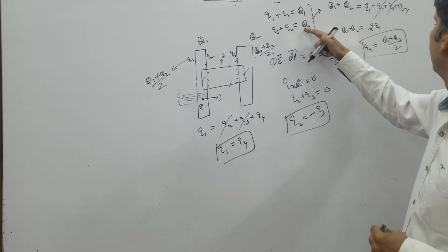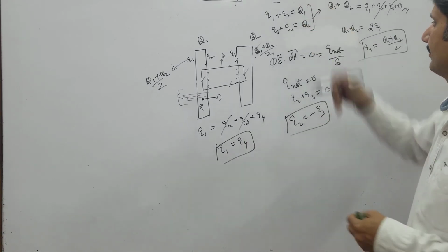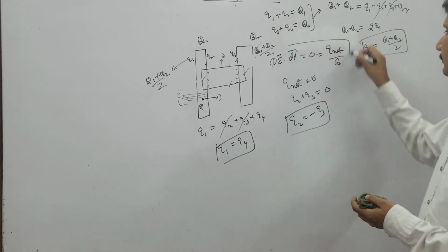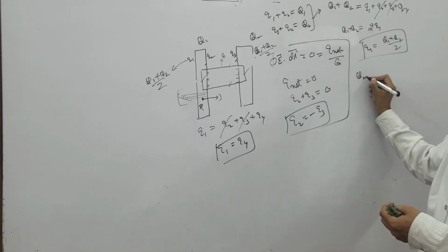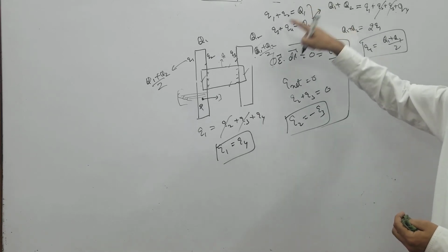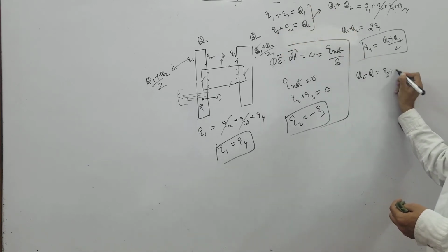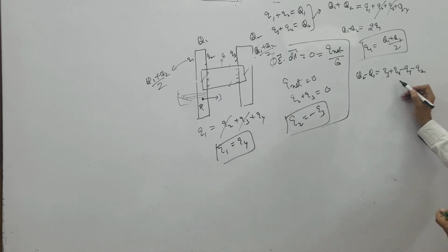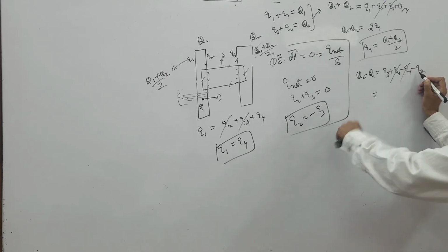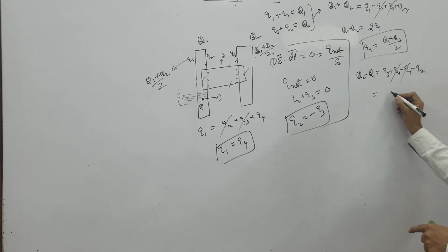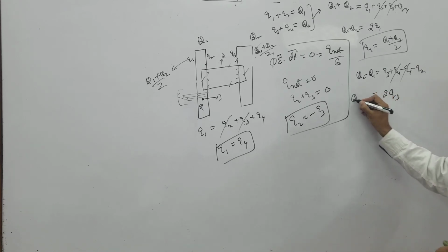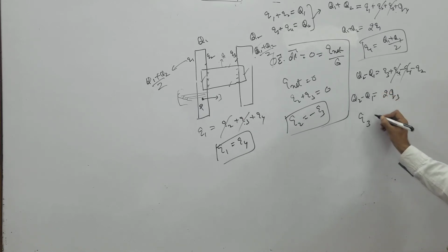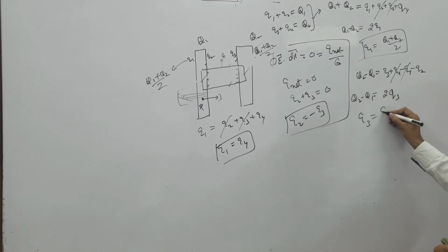And to find out Q2 and Q3, you can simply subtract them. So Q2 minus Q1 would be Q3 plus Q4 minus Q1 minus Q2. This time Q4 and Q1 get cancelled out, and Q2 is basically minus Q3, so you basically get 2 times Q3 equal to Q2 minus Q1, so Q3 is equal to Q2 minus Q1 by 2.